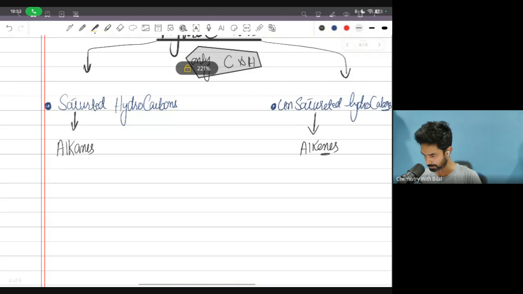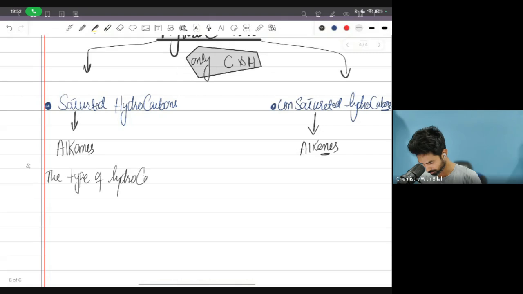How do you define saturated hydrocarbon? So how do you define basically alkanes? The type of hydrocarbon in which all carbon-carbon bonds are single covalent.